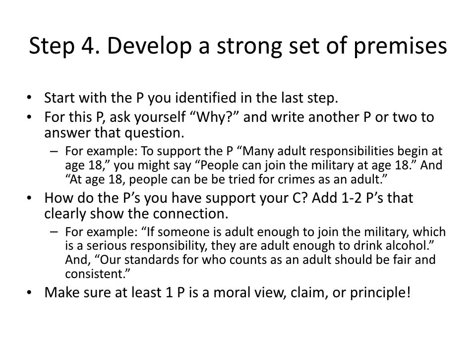Now I need to look at the premises that I've written so far and check them and make sure that at least one premise is a moral view, moral claim, or moral principle. A moral argument has to have a premise like that. It happens that I already have one here, and it is the very last of the premises that I wrote. Our standards for who counts as an adult should be fair and consistent.